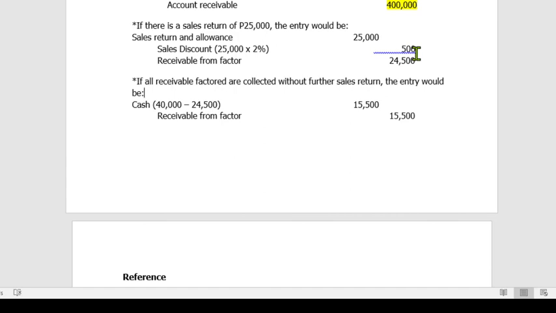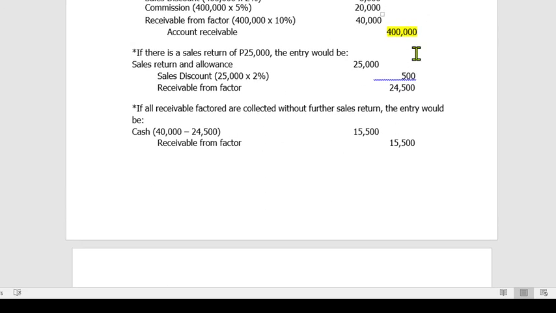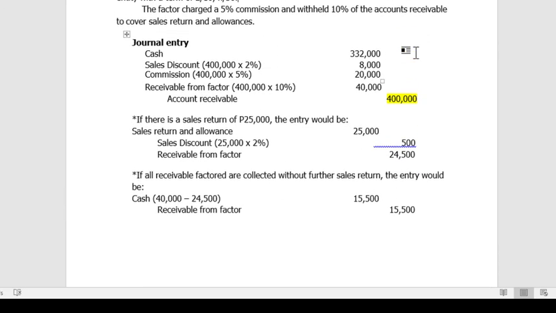So, pag nakuha mo yan kay factor, you debit cash 15,500, that is 40,000 minus 24,500 na deduction kanina, and then eliminate mo yung receivable from factor na 15,500.